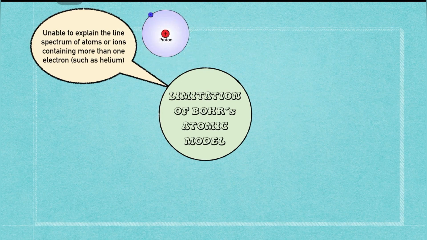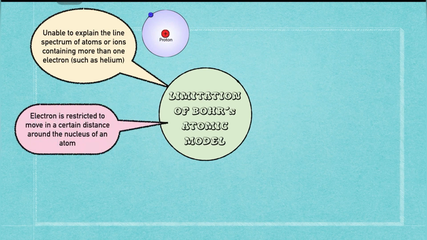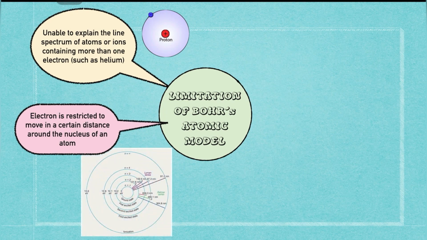The next one: the electron is restricted to move at a certain distance around the nucleus of an atom. Bohr said that the electron, when moving around the nucleus, moves at a fixed diameter, so the electron is restricted to move at a certain distance around the nucleus.